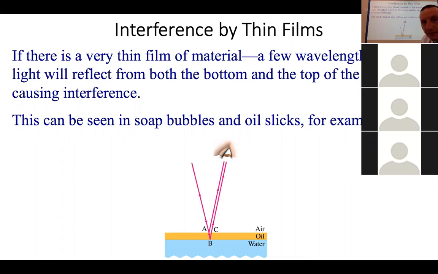All right, and if you can imagine, and I'll show this in more detail on the next slide, as the light goes down and hits point A, some of the light reflects back to your eye, and some of the light passes and refracts as it goes through the oil, and it reflects off the bottom of the oil, where the oil and water meet.